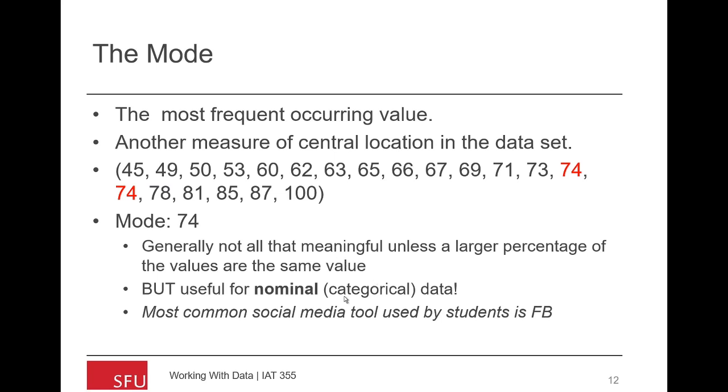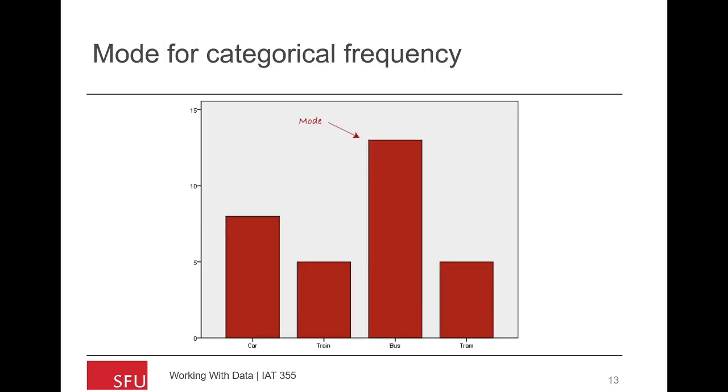So for example, the most common social media tool used by students is Facebook. That is a suggestion of a computation that will be done by computing the mode, the most common something or other. There might be a whole bunch of social media tools, but there's a finite and comparatively small number of them compared to the infinite amount of numbers, say in the integers or in the real numbers.